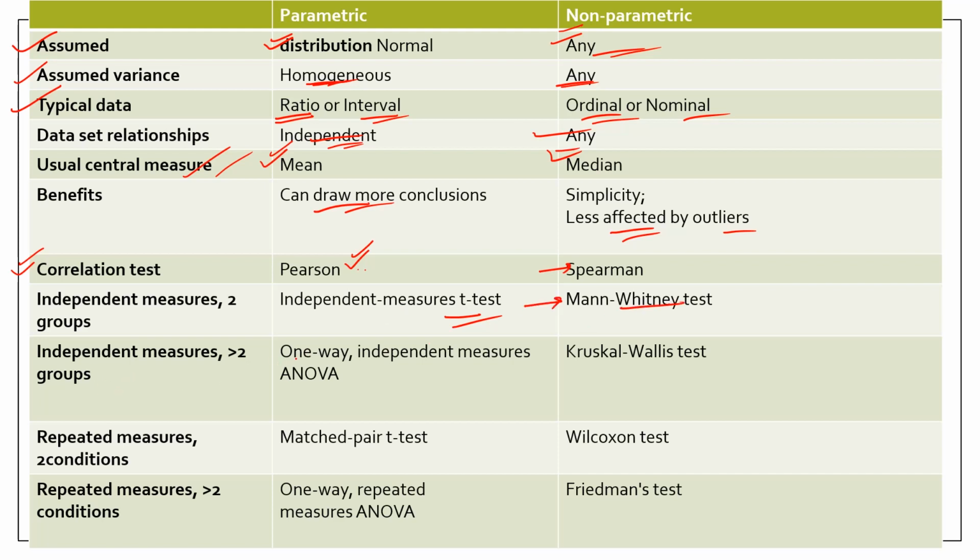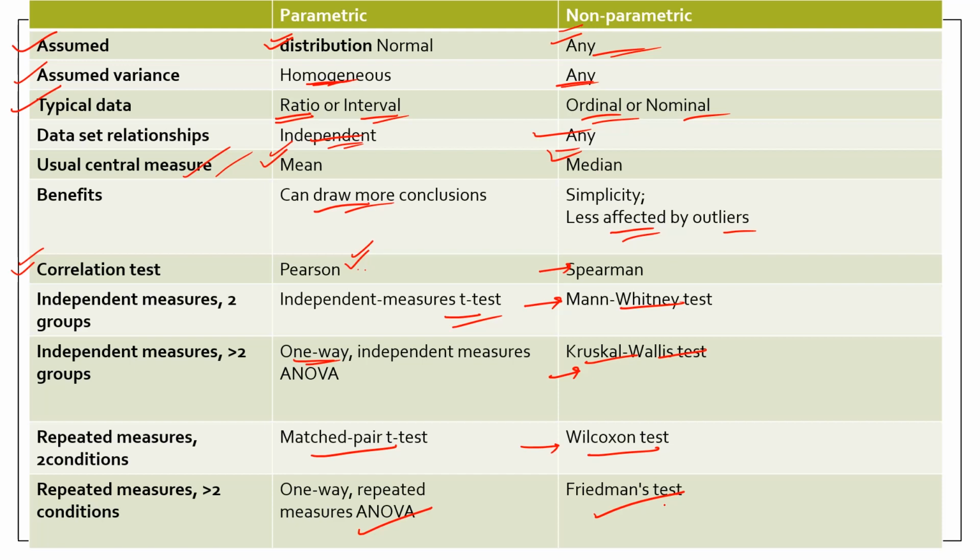In the case of one-way ANOVA, if the one categorical variable has 3, 4, 5 categories, we are going to use the one-way ANOVA, and corresponding to that the non-parametric test is Kruskal-Wallis. For the repeated measure, matched pair t-test, the corresponding non-parametric test is the Wilcoxon test. For one-way repeated measure, the Friedman test.